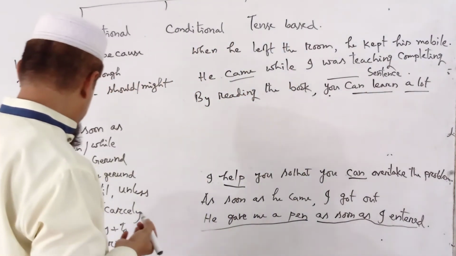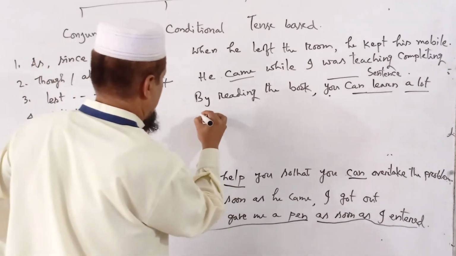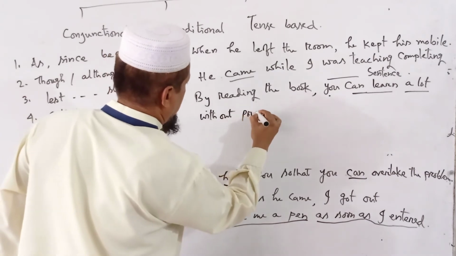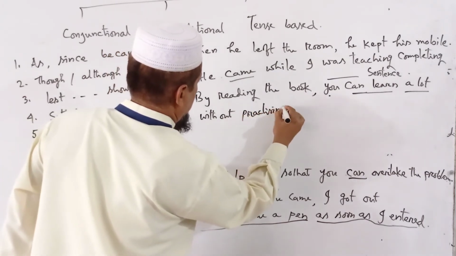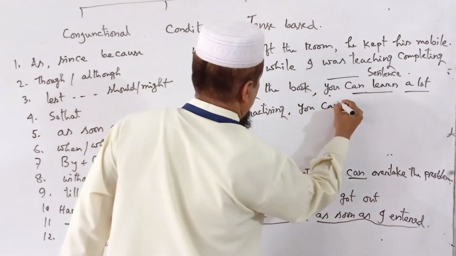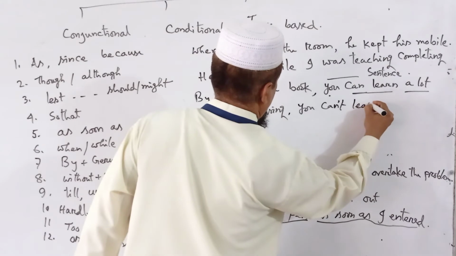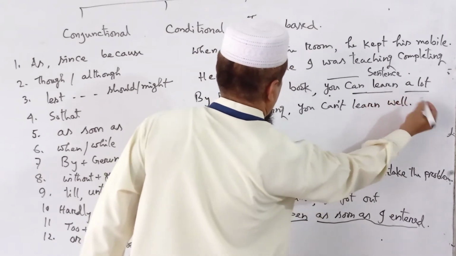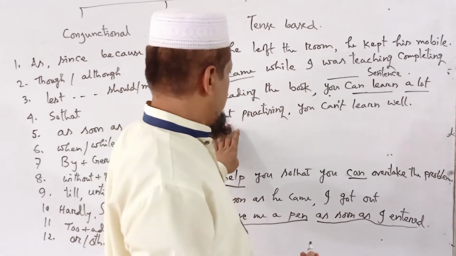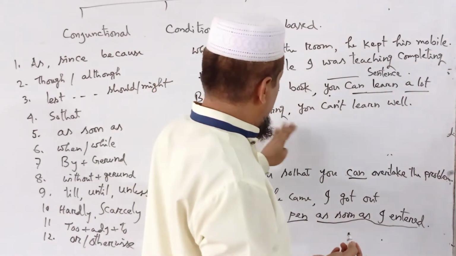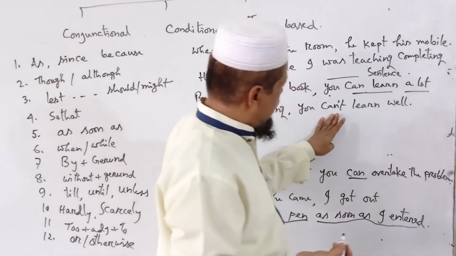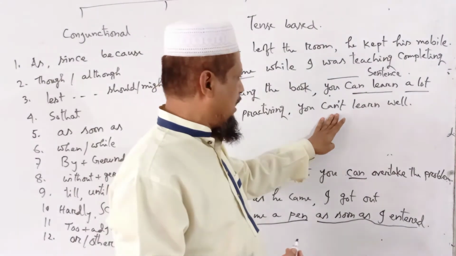But in case of without practicing, you can't learn. If the past clause is connected with without plus gerund, then in the second clause you will write the sentence with negative meaning.